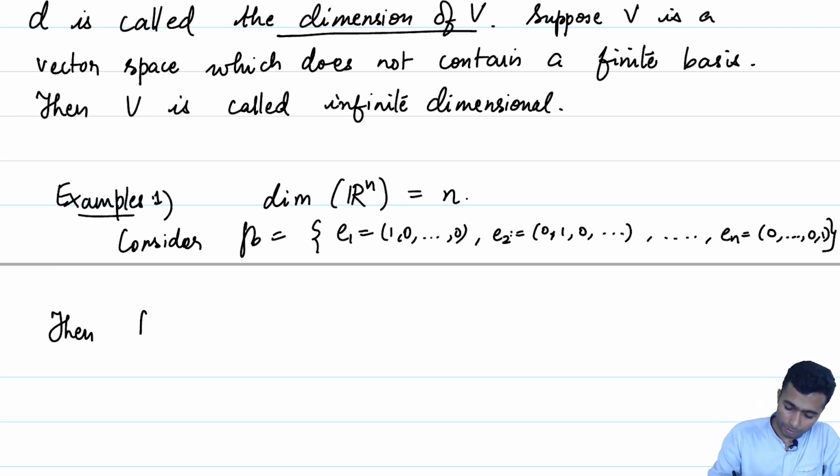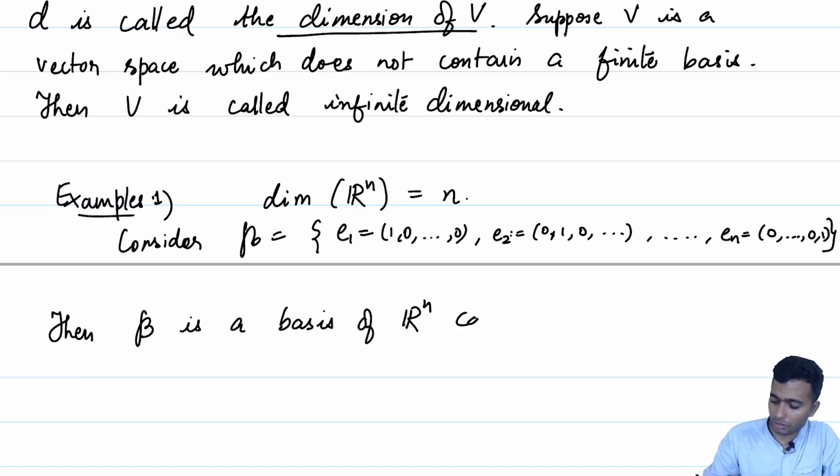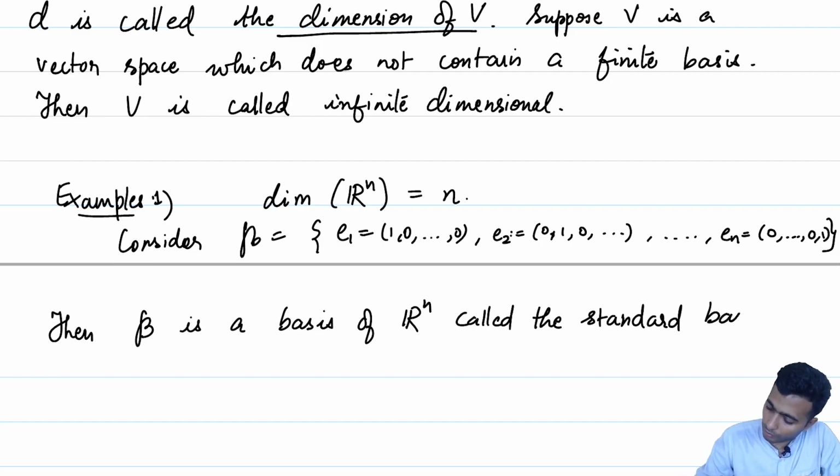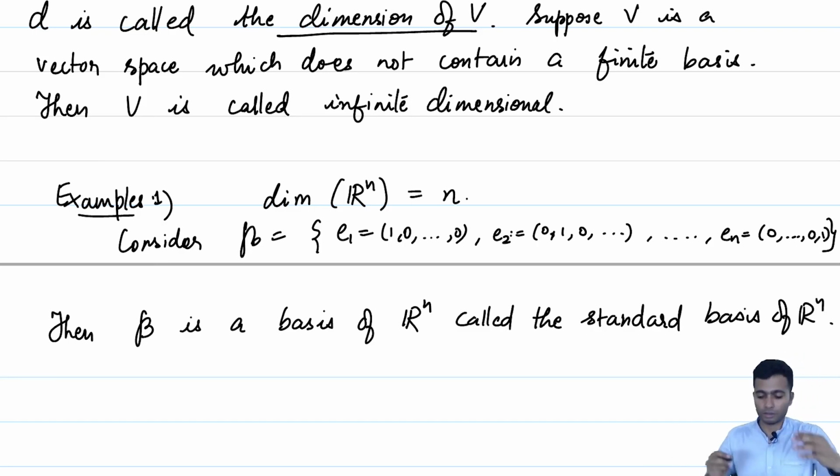Then beta is a basis of Rn called the standard basis of Rn. Therefore, dimension of R3 is 3, or dimension of R5 is 5.